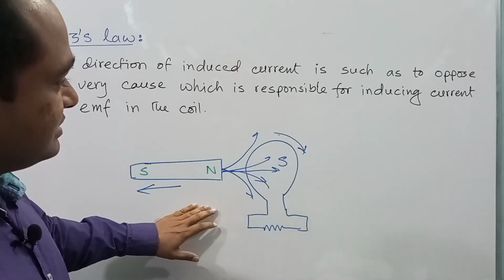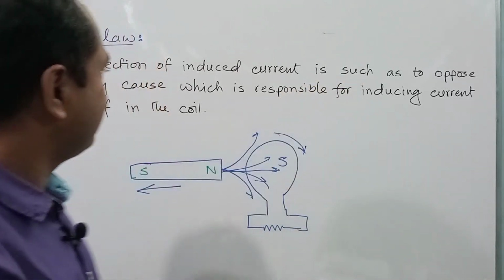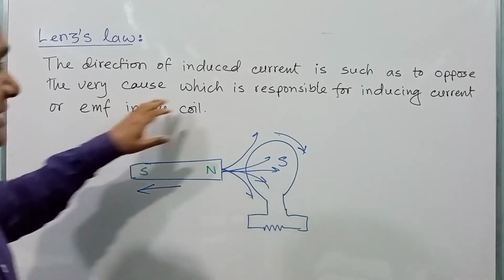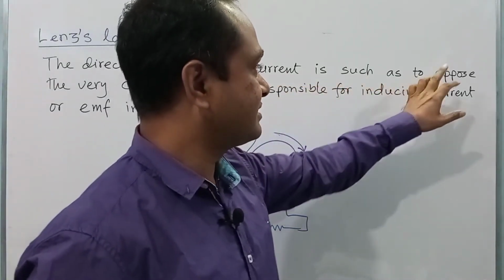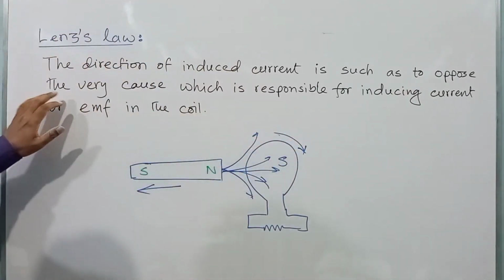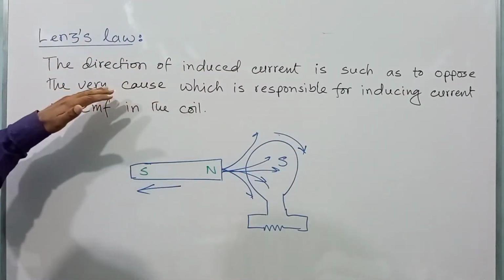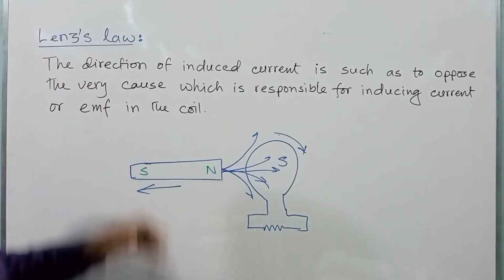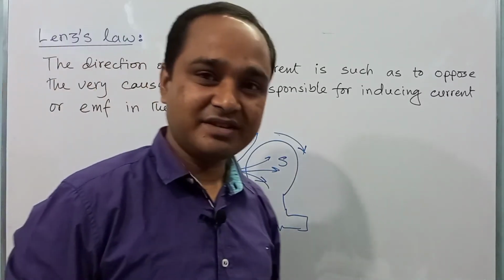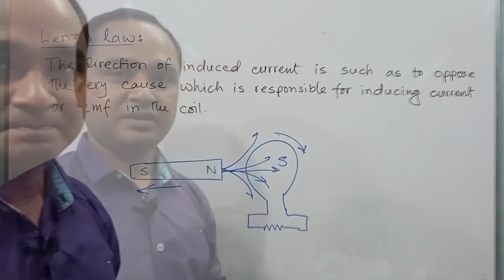That is what is stated in the statement of the law by Lenz. They said that the direction of induced current is such as to oppose the very cause which is responsible for inducing current or EMF in the coil. Right, dear student, I hope you got it.